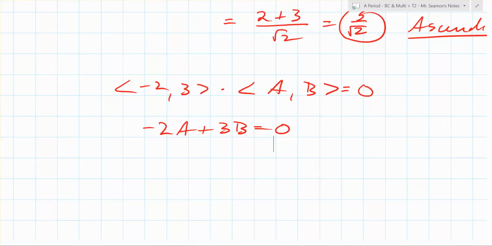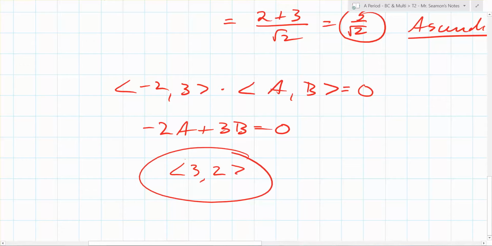Does it matter what the relative size of this vector is? No, it's just asking for a direction. So it's asking for any two numbers that satisfy that equation. Can you give me a set of numbers? 3 and? 3 and 2. No, I did the same exact thing the first like 10 times I did this question. So guess what? If you go in that direction, are you going perpendicular to the gradient vector? Yes, so therefore you are at the same altitude.